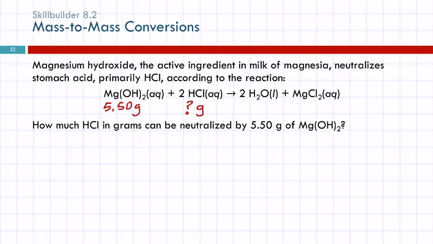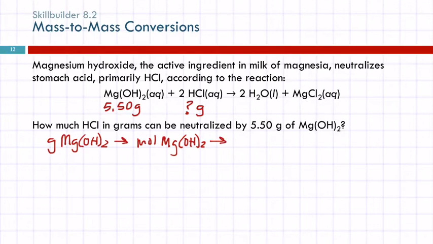So again, our path is going to be grams to moles to moles to grams. We're starting with grams of magnesium hydroxide, and we go to moles of magnesium hydroxide. And then we're going to go to moles of HCl, because that's what they're asking us about, and then to grams of HCl.